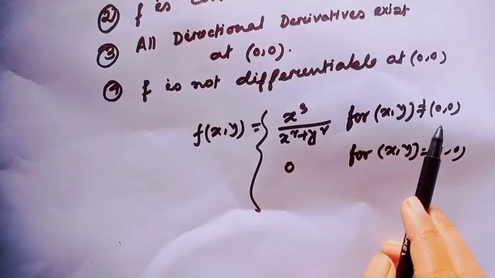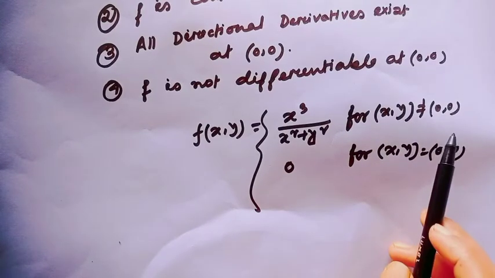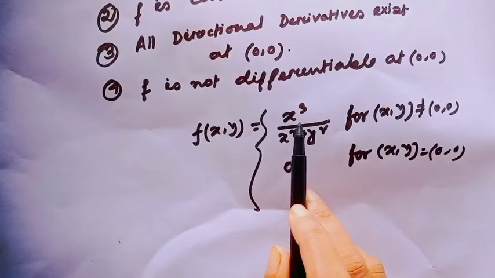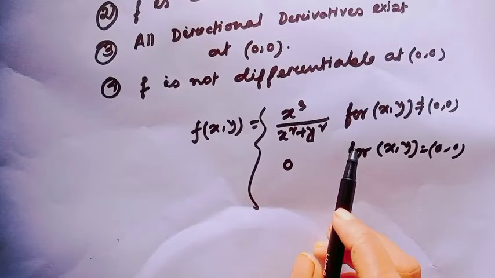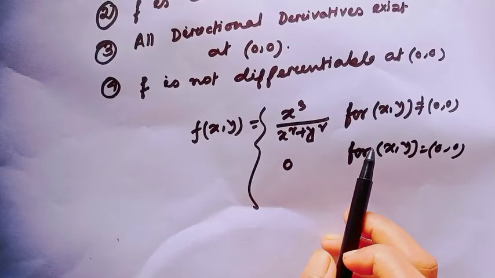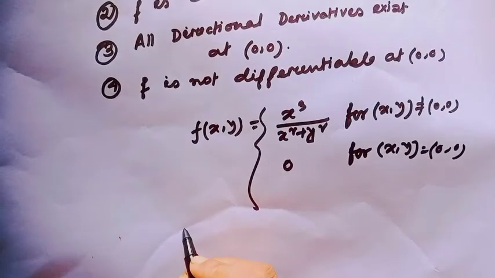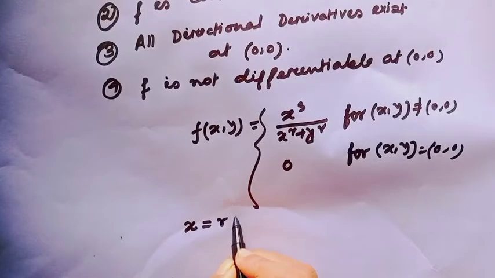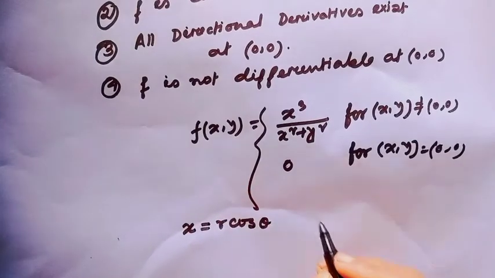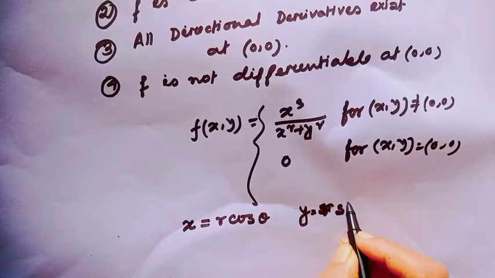We have to check the continuity at the point (0, 0) because it is only broken at the point (0, 0) and this function is always continuous elsewhere, as all of us know. And for continuity at the point (0, 0), for this function we have to consider x equal to r cos theta and y equal to r sin theta.